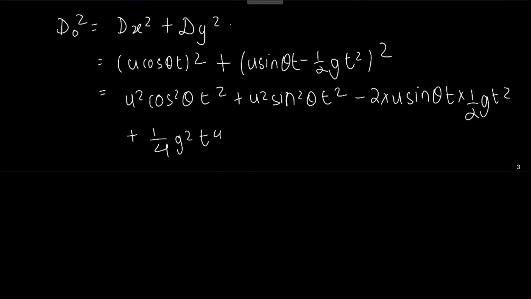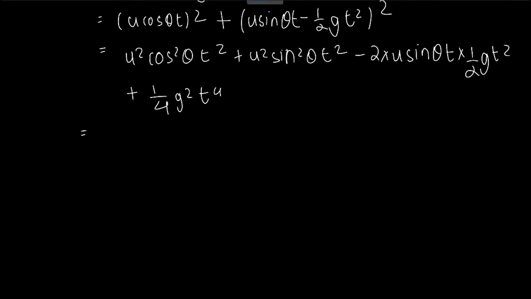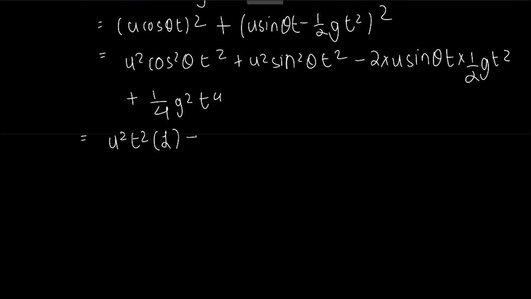Now u squared and t squared can be taken common from these expressions. So u squared t squared common, and then we get cos squared theta plus sin squared theta, which is just 1, minus, in the other expression, we can simply chop the 2's.